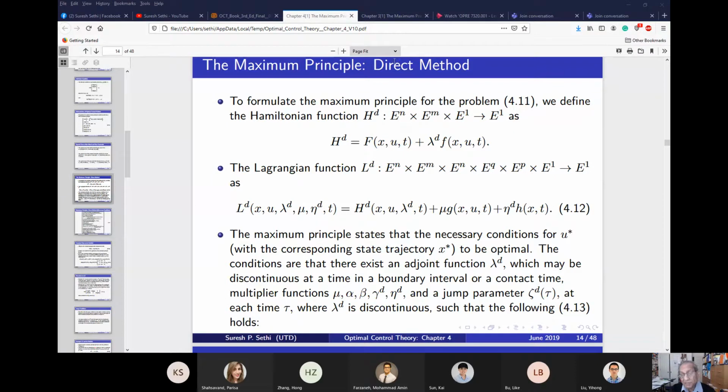We do not have a sufficiency condition in indirect method, but because the indirect method and direct method can be one-to-one, you can go from one to the other. We can easily apply the sufficiency condition to indirect method as well by the transformation that we will talk about later.